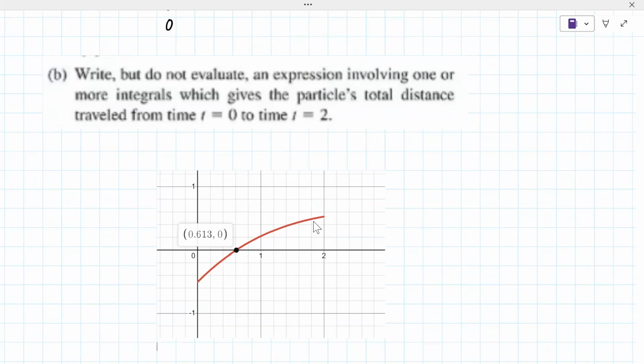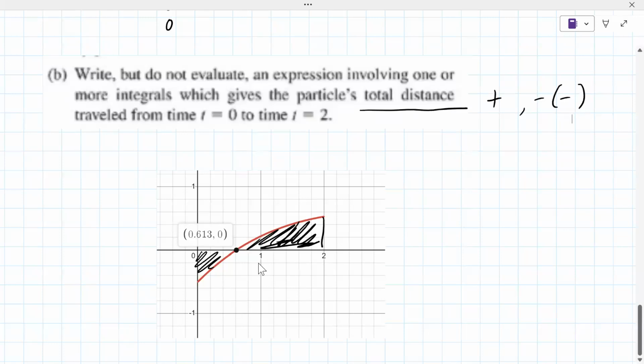Like two different areas under the curve. That's right. There's a negative area, which means the particle's going left, and there's a positive area where it's going right. And the total distance includes the positives as positive, and you negate the negatives, basically make them positive.